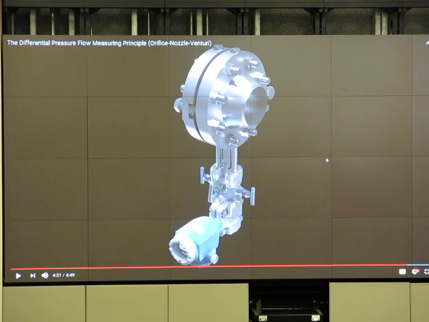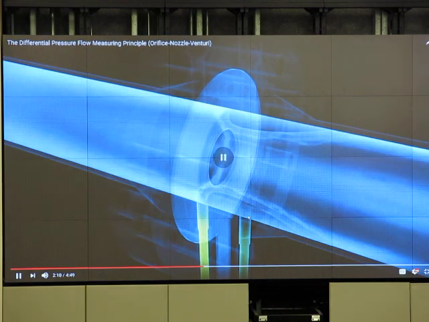Yes. So the pressure change across the restriction is greater the more mass is flowing. More in this video, it says velocity, volume, and mass, right?